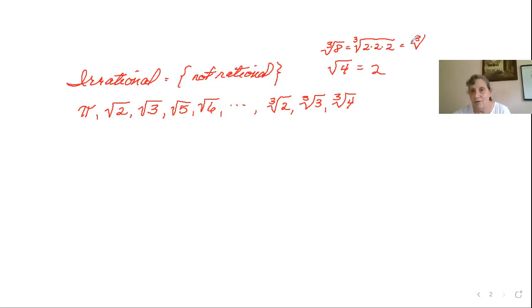So that's the cube root of 2 cubed. So that's equal to 2. So you have to go all the way up past 4 to 5, 6, 7, 8 before you hit on a cube root that is actually a rational number. And then you've got 4th, 5th, 6th, and so on forever.